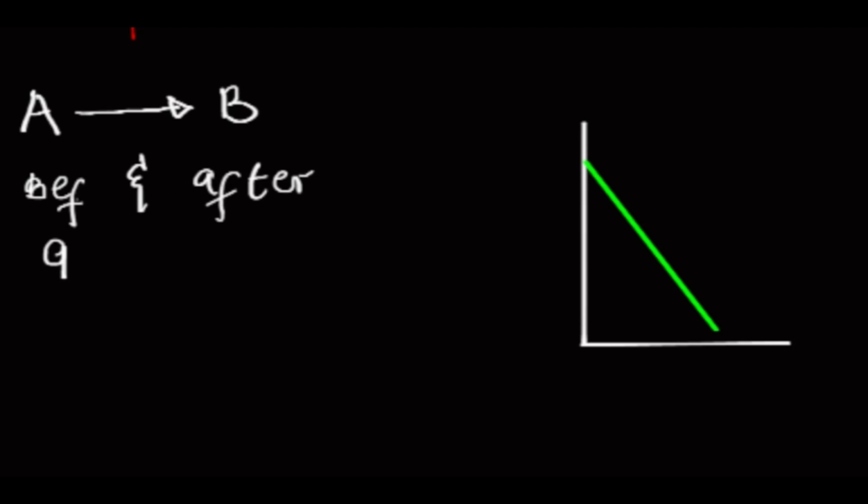Before the reaction occurred, B has not been produced at all, and I'm going to represent the concentration of B as 0.